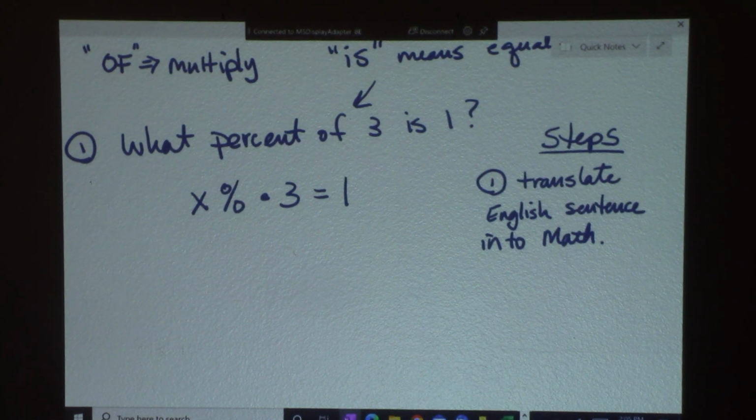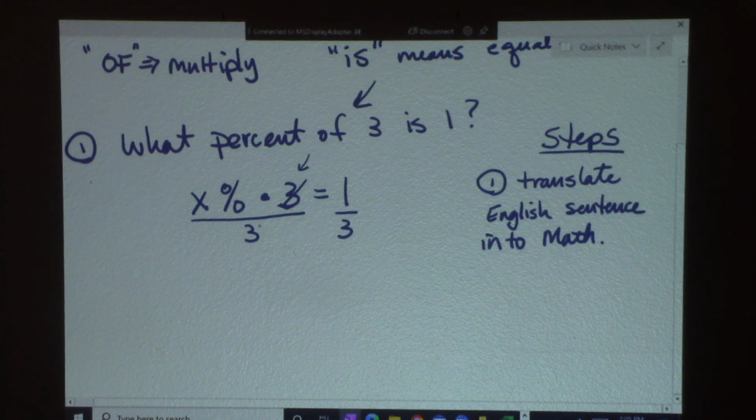So here, I want to get rid of this 3. I want to end up with x by itself. My goal is to get x by itself. So the next thing I'm going to do is, I have this multiplying by 3. So the opposite of that is to divide. So I'm going to divide both sides by 3.